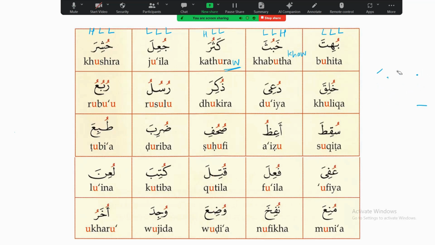Okay, now let me just make you guess a few more words and then inshallah we can end the session. What is this one, sisters? Muni'a. Muni'a. Like this. Okay, exactly. Lu'ina. Okay. What is this, sisters, now?